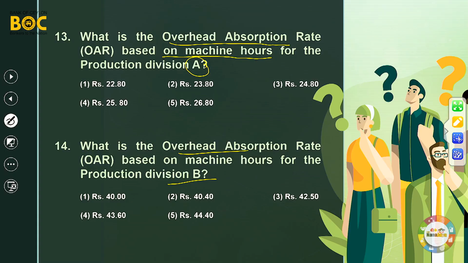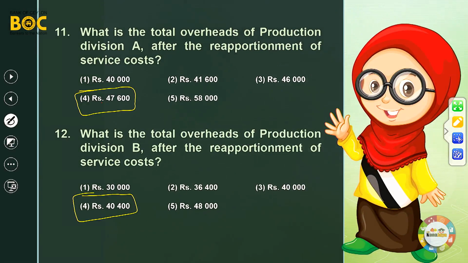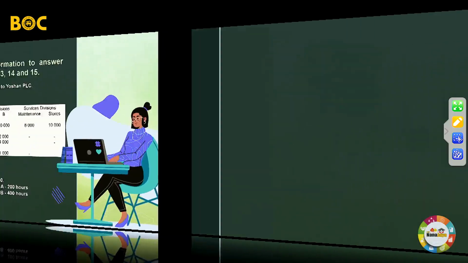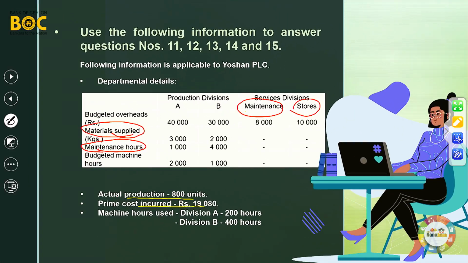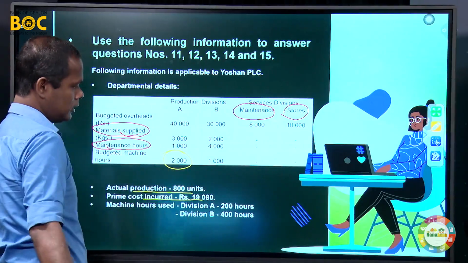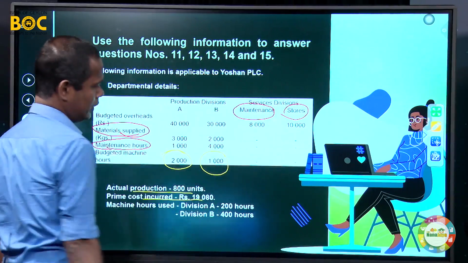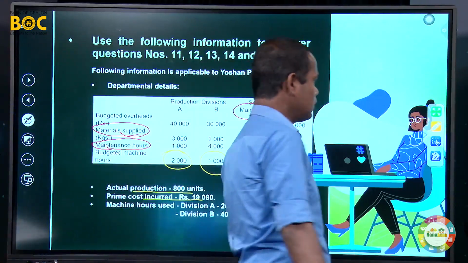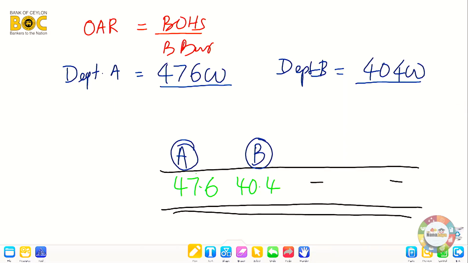What's the basis? They say machine hours, budgeted machine hours. The budgeted machine hours are given here: department A 2,000 and department B 1,000.